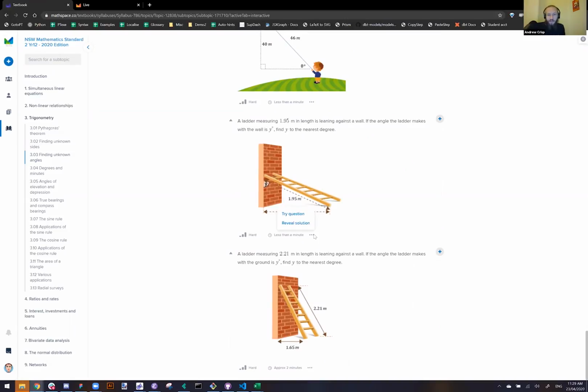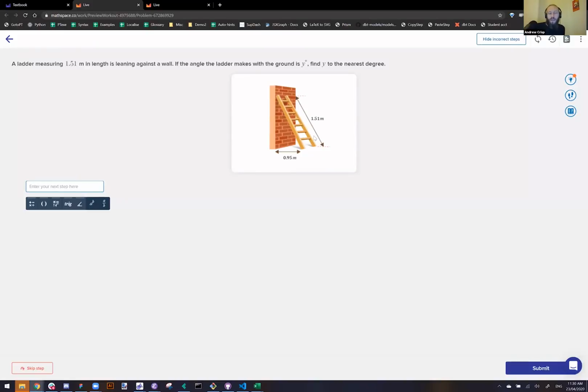Let's take a look at this one. Even though this question is about a ladder, if you are ever involved in any sort of construction and engineering, or in design and graphic design, or anything where you need to know some precise values, you're going to end up using trigonometry at some level.